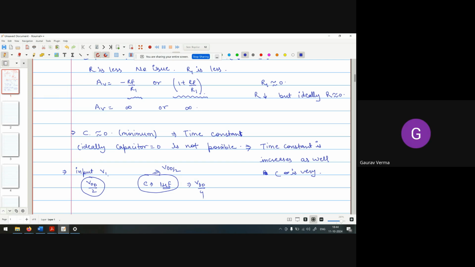No, sir. Remember this condition when we work on it. We have to set the capacitor so that it provides VDD by 2 voltage. This is the first consideration to set the capacitor value.